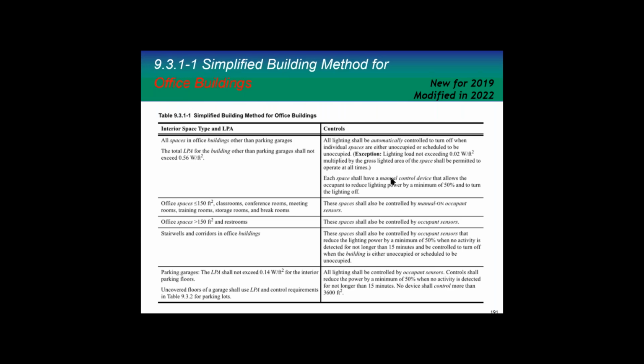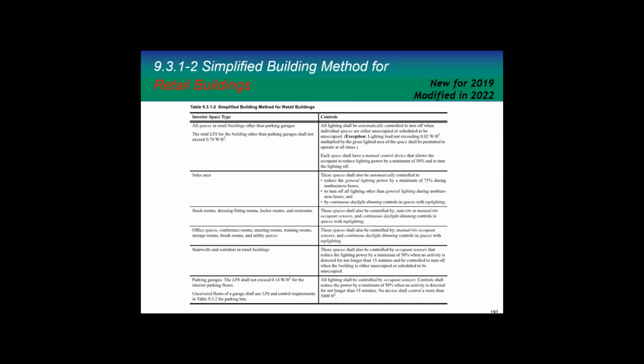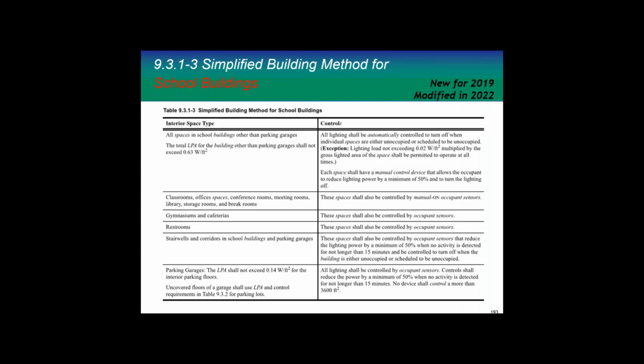So these controls are simpler than the full-blown controls. Mainly, they don't have anything about daylighting and some stuff like that. So this is a simplification, although it's not tremendously simplified. It is a move in that direction. And then they have retail buildings, and then they have school buildings.